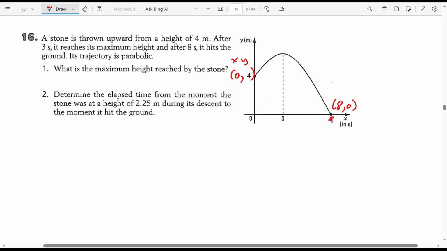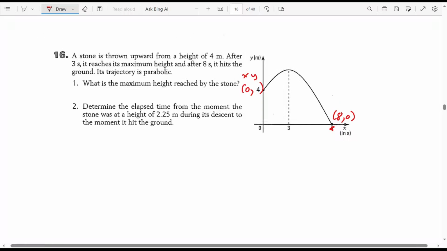If it's 8 and 0, perfect, that's fine. I may have to use it as a point, may use it as a zero, not entirely sure yet. This 3 right here, all that's suggesting is that my H value is 3. We talked about this yesterday a little bit.